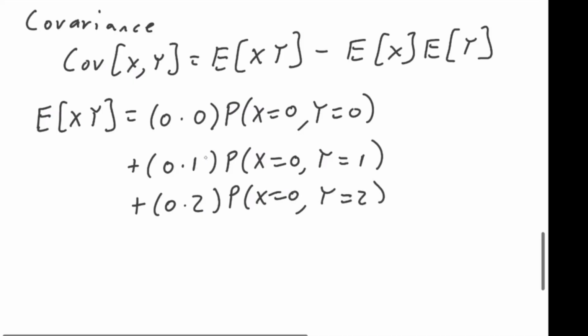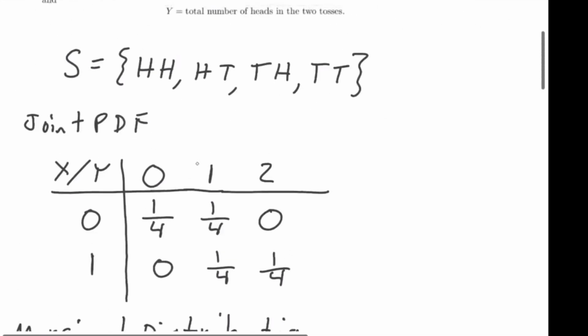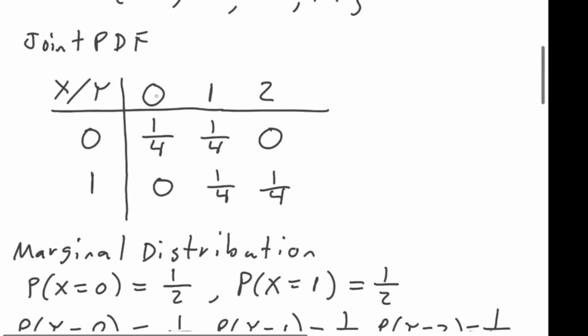Of course, these are all going to be 0, right? But I want to showcase how it relates with the joint PDF, right? So I did these three: 0 times 0 times a fourth, 0 times 1 times a fourth, 0 times 2 times 0, and then we're going to do these, right?